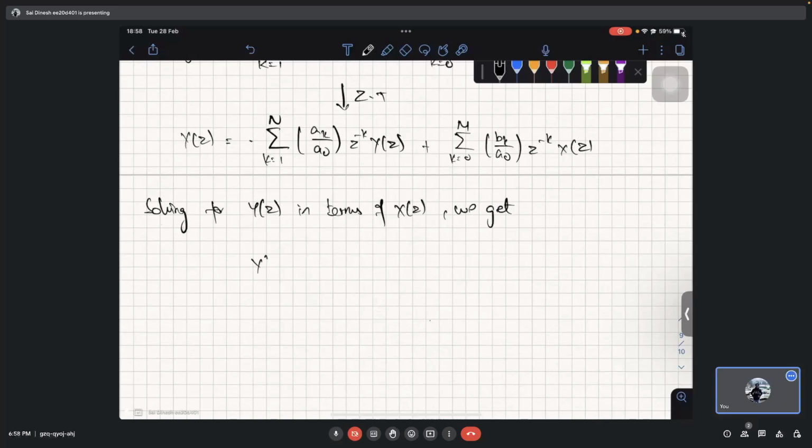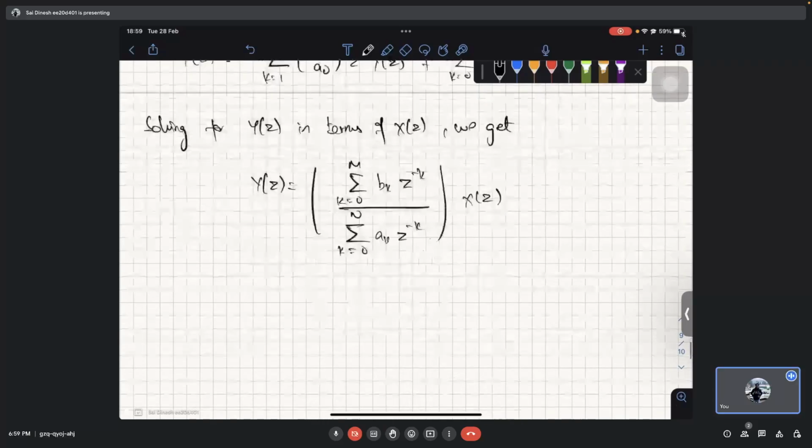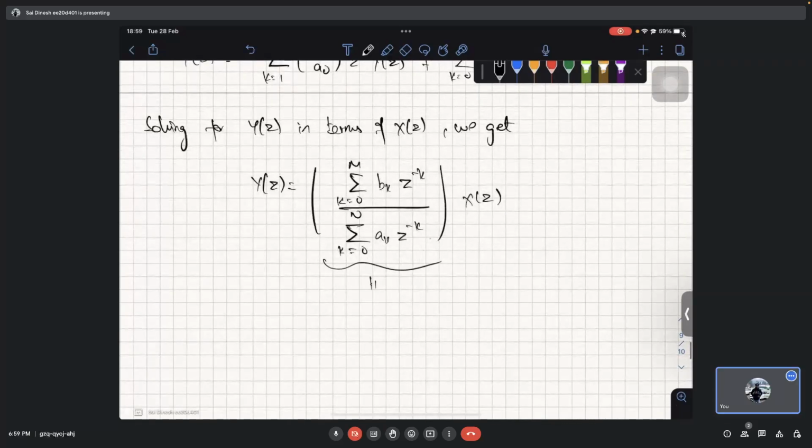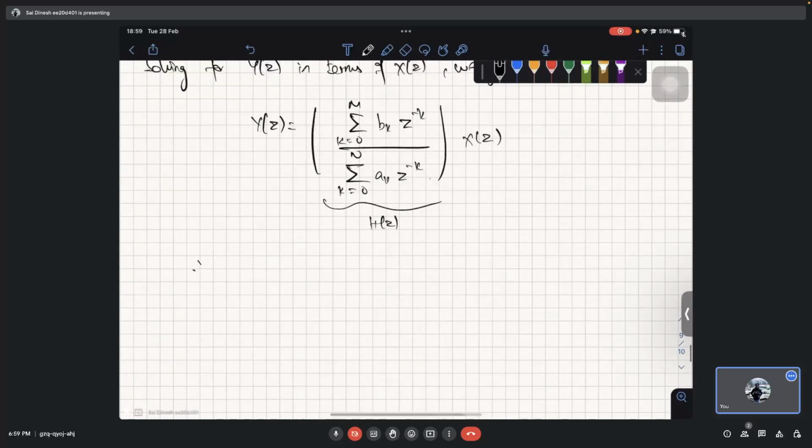Now solving for Y of z in terms of X of z, we get Y of z is equal to the sum over k equal to 0 to M of bk z to the power minus k divided by the sum over k equal to 0 to N of ak z to the power minus k, into X of z. So this actually is the H of z. Therefore, I think this can be solved.